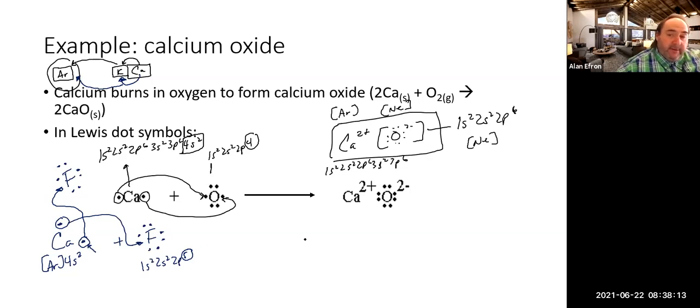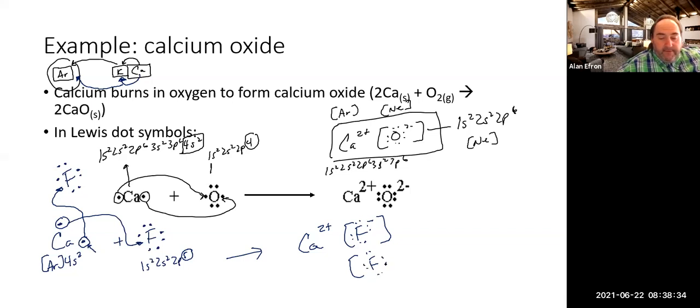So what ends up happening is we end up with a calcium that has now lost 2 electrons, 1 to each fluorine. And we end up with one fluorine that picked up 1 electron, and another fluorine that picked up 1 electron.